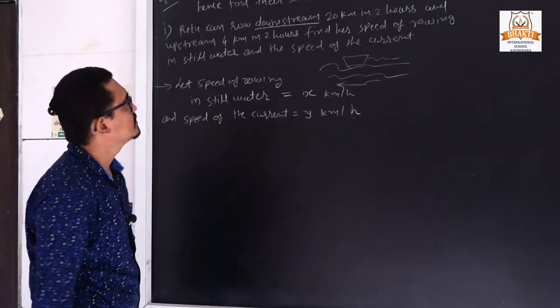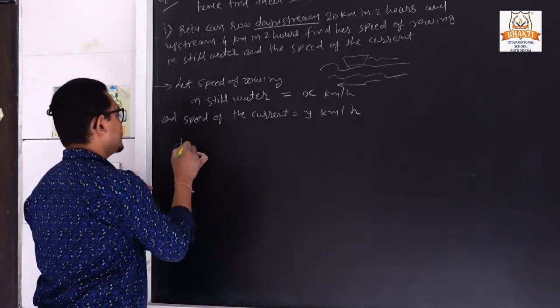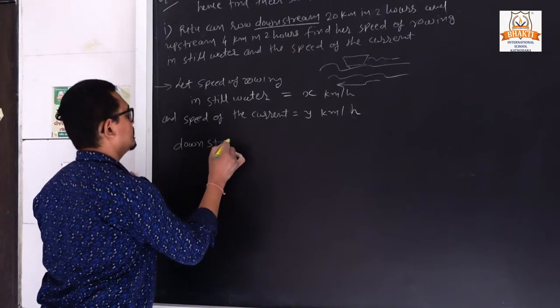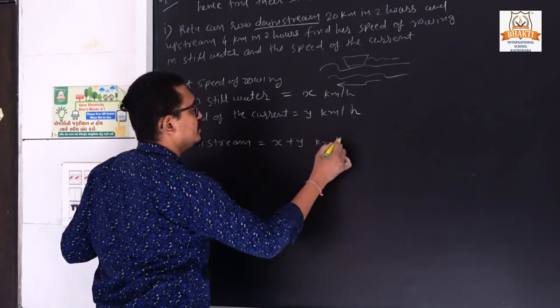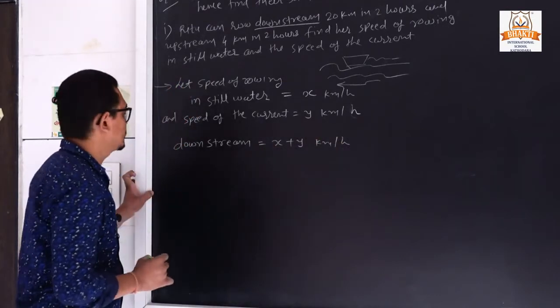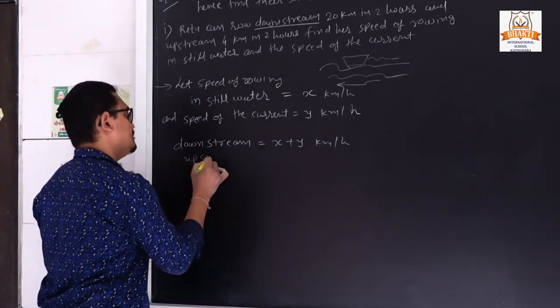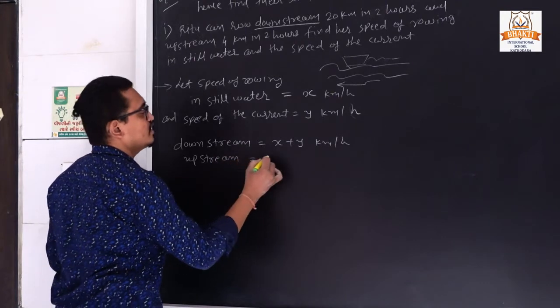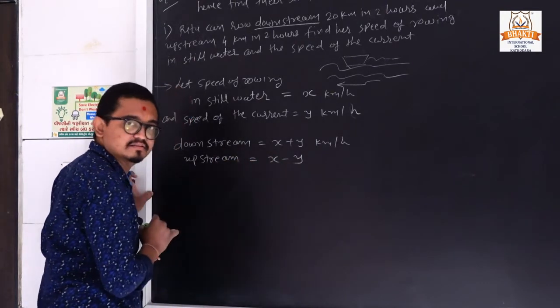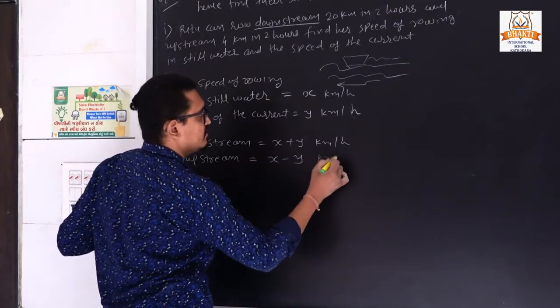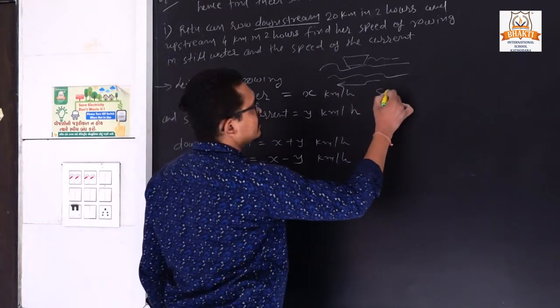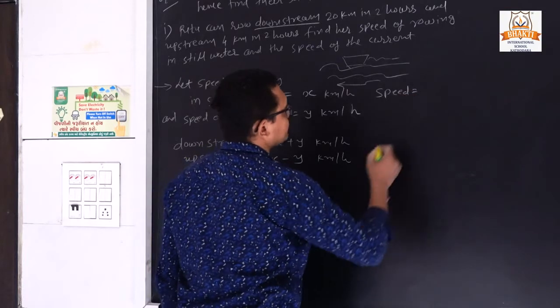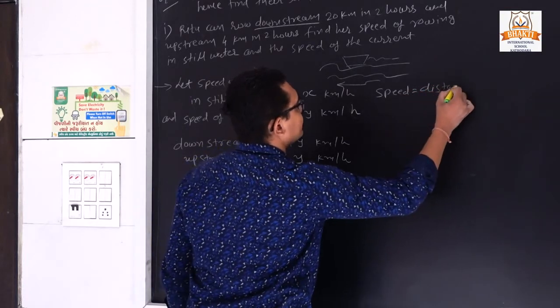Clear? So now for downstream, we can add these both, x plus y kilometer per hour. And for upstream, upstream means against the current of water, so we automatically decrease, x minus y kilometer per hour. Now you know the formula. This speed is equal to what? Distance upon time.